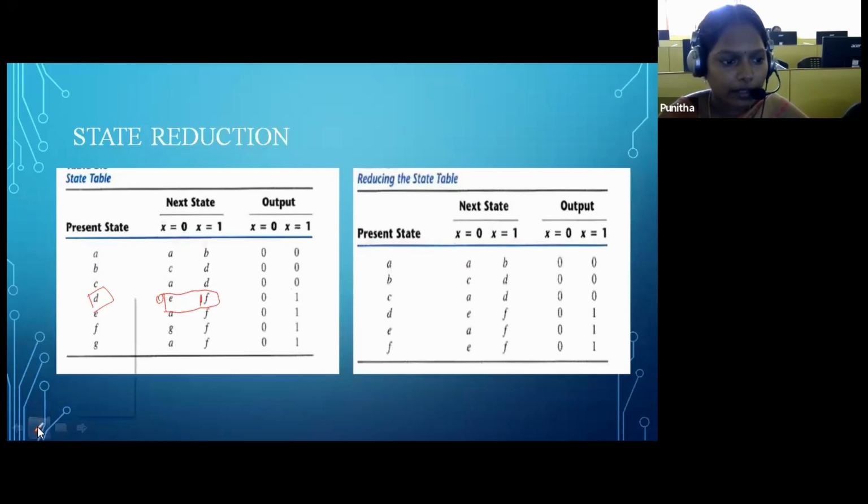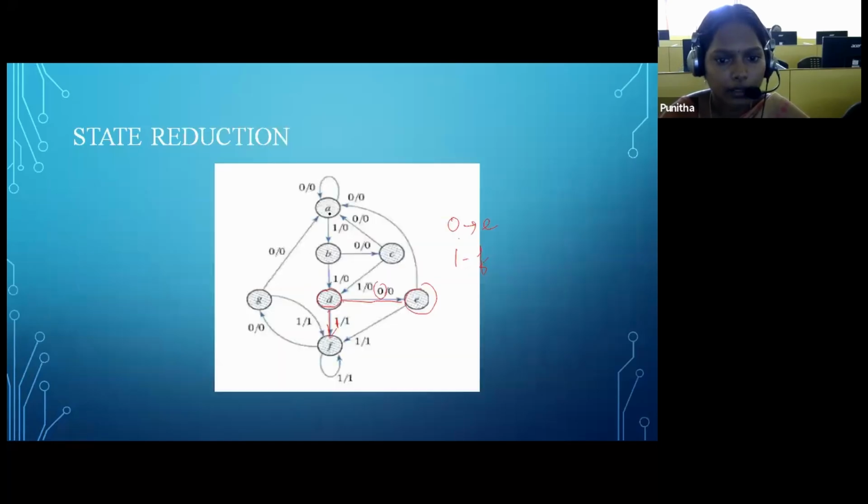Right. Next, we will look at state E. What will be the next state for E? This is E, right?